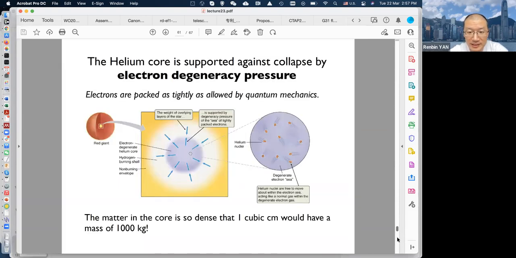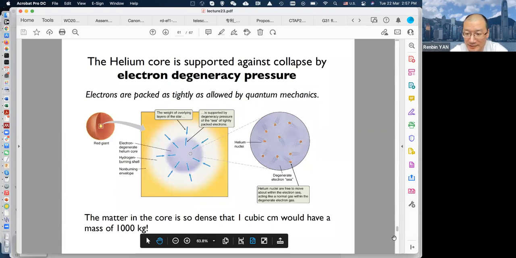Okay, let me just make sure this is fine. So we talked about the electrons being packed as tightly as allowed by quantum mechanics. And how dense it is: 1 cubic centimeter would have a mass of 1,000 kilograms. That is a density that is very, very high compared to water, a million times higher than the water density.